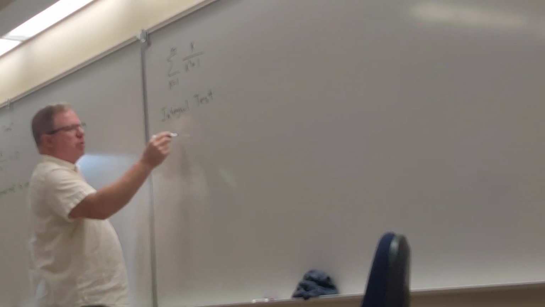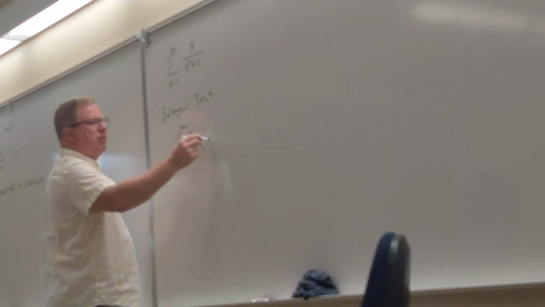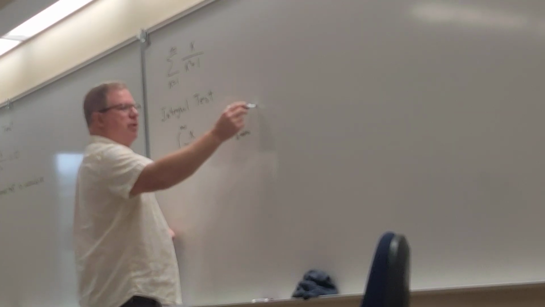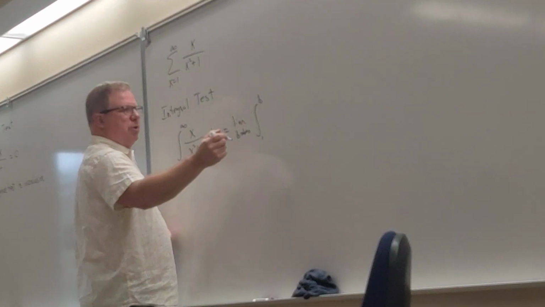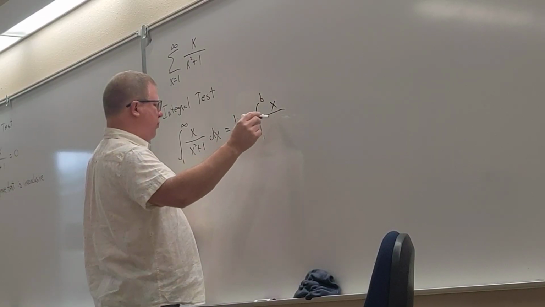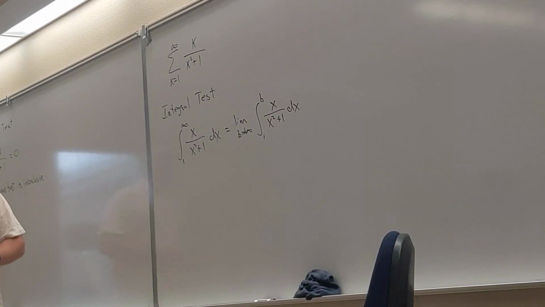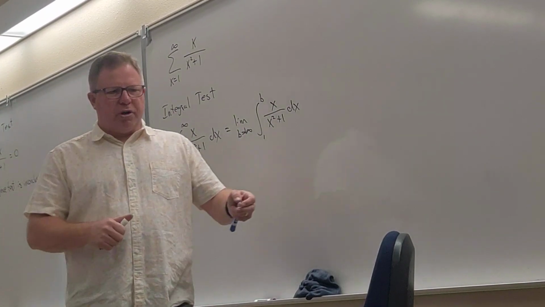To do the integral test, we're going to do the integral from 1 to infinity of x over x squared plus 1 dx. This equals the limit as b goes to infinity of the integral from 1 to b of x over x squared plus 1 dx. So now we have to apply our section 8.9 methods for improper integrals.